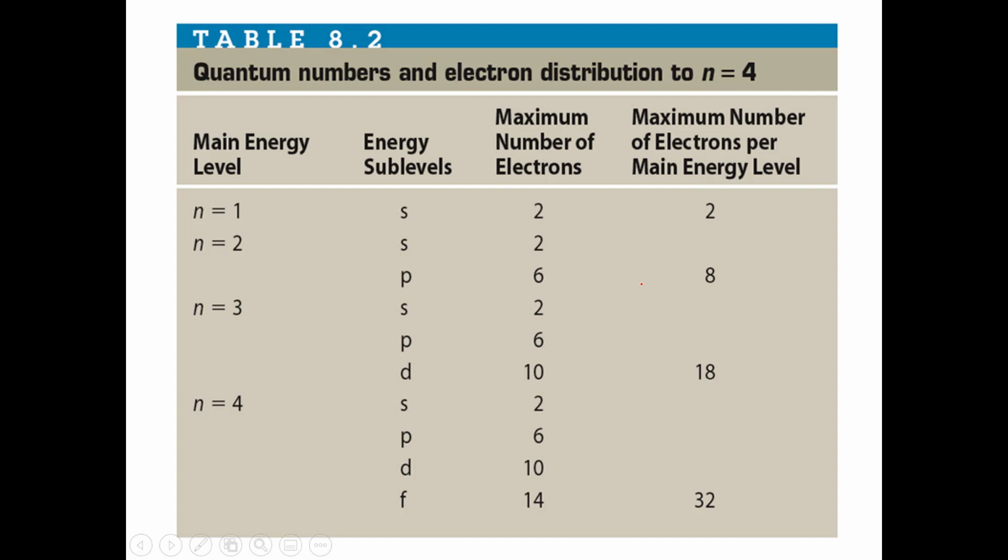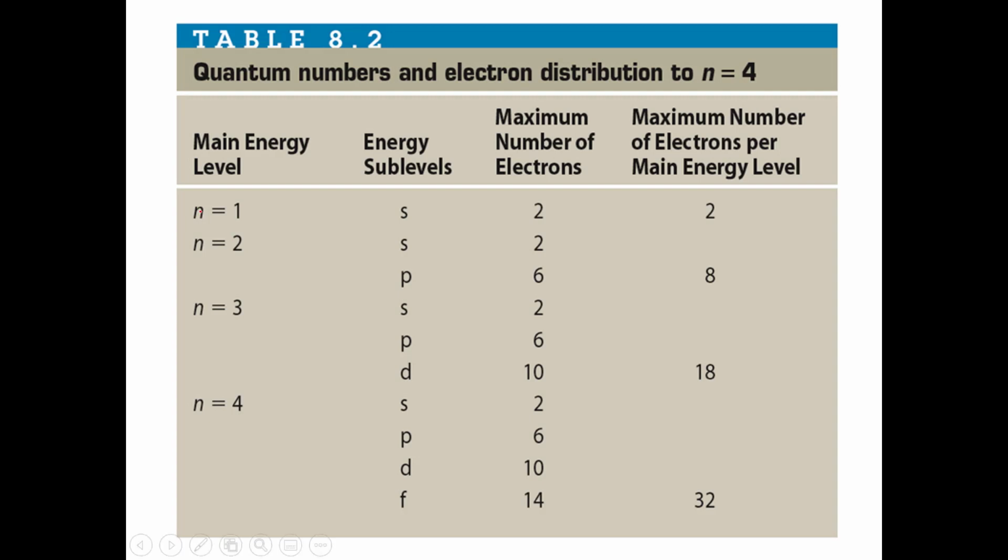And here we summarize what the main energy levels are, what the subshell energy levels are for each main energy level, and the maximum number of electrons those shells can hold.